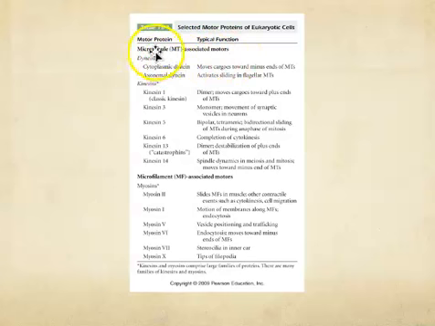So you can see that there are kinesins here, and there are several of them. And then there are two types of dyneins, cytoplasmic dynein and axonal dynein. These are the motor proteins that are involved with microtubule-based movement.